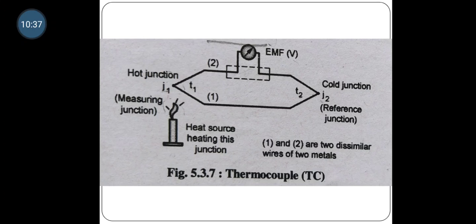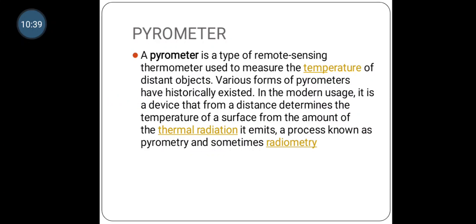Now let's move towards the pyrometer. The transducers for temperature measurement studied so far, that is the thermistor, thermocouple, and pressure thermometer, require the thermometer to be in contact with the body whose temperature is to be measured. This indicates that the device must be capable of withstanding very high temperature.